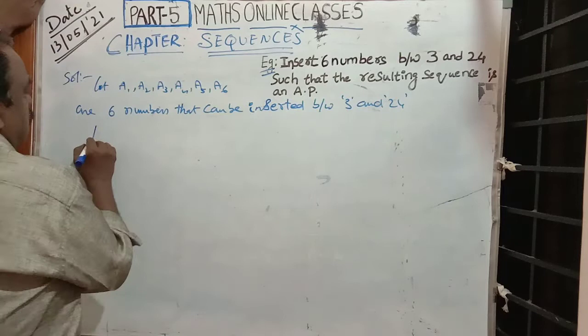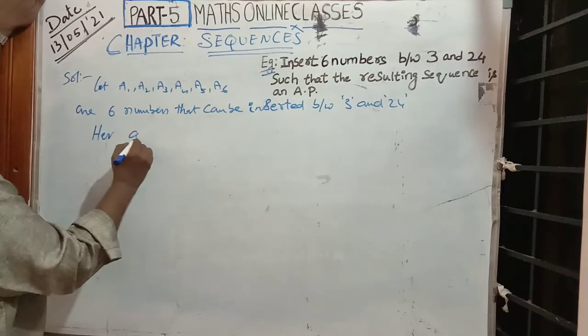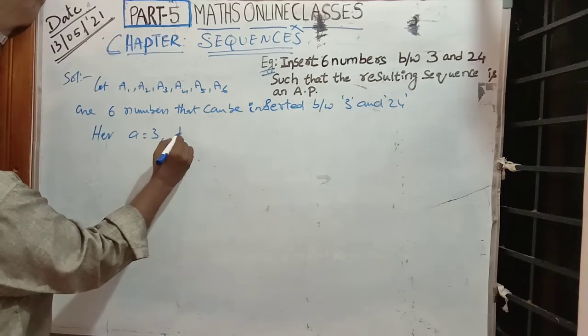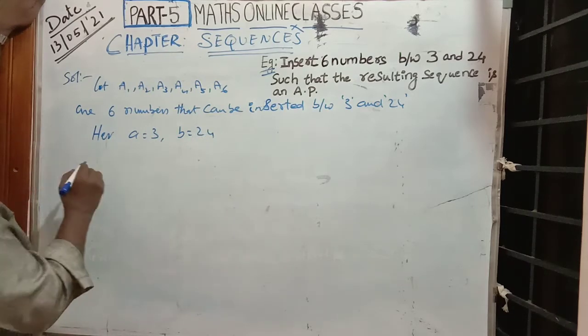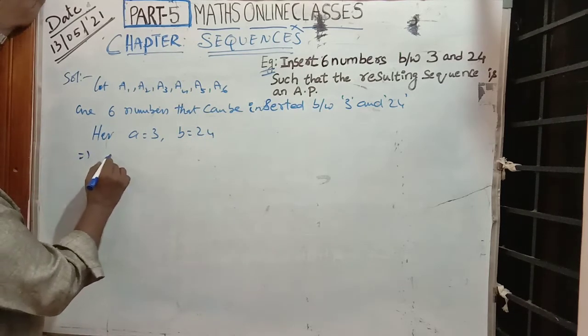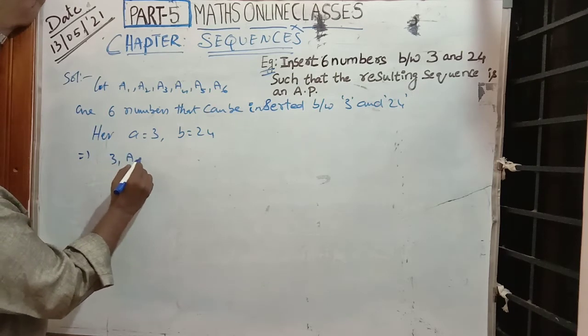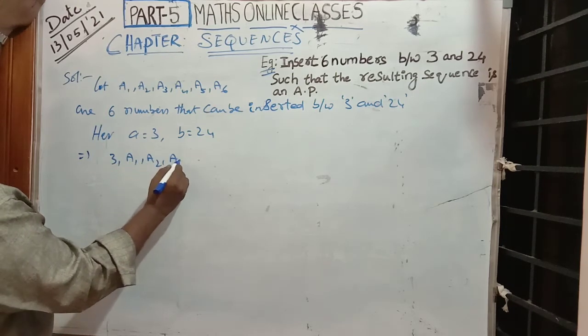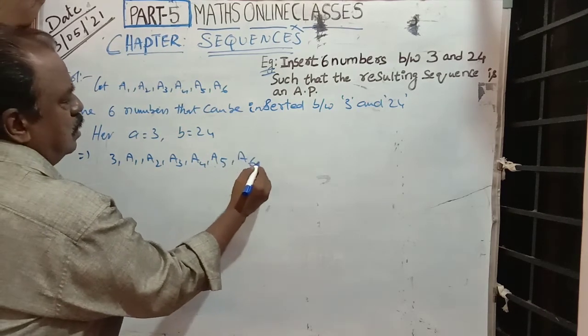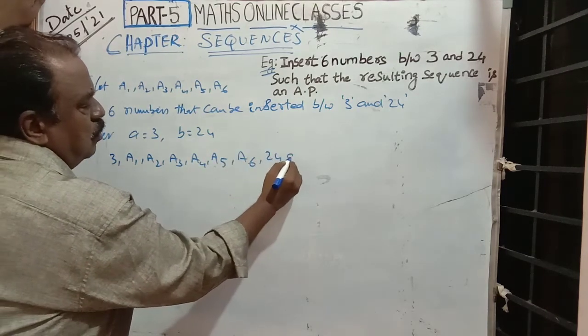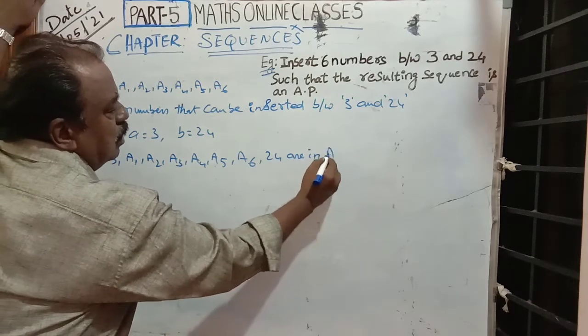Okay? Here what is A? What is B? Right. That implies 3, A1, A2, A3, A4, A5, A6 and 24 are in AP.